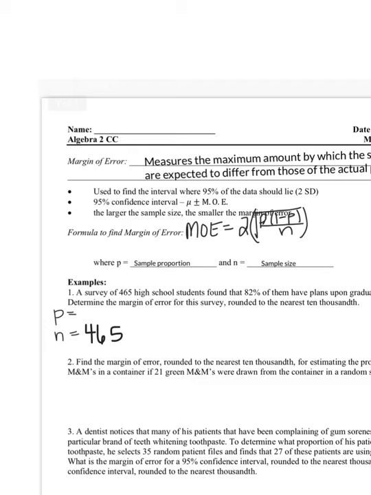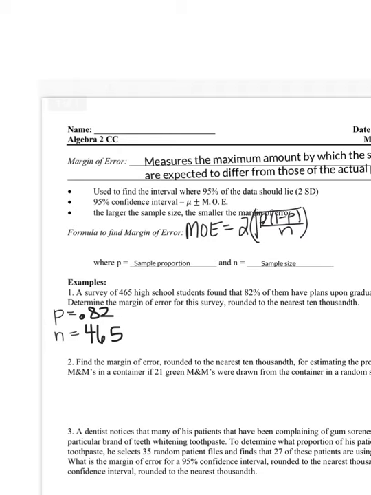So your sample proportion is 0.82. It's the proportion of students that are doing whatever the question's talking about, in this case, having plans upon graduation. That would be 82% out of 100%, which is 0.82.